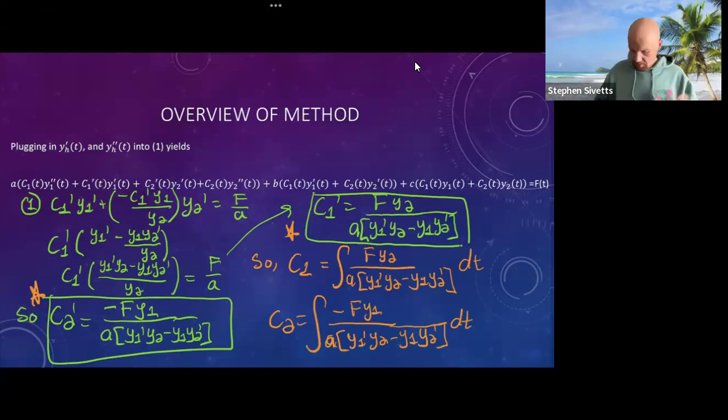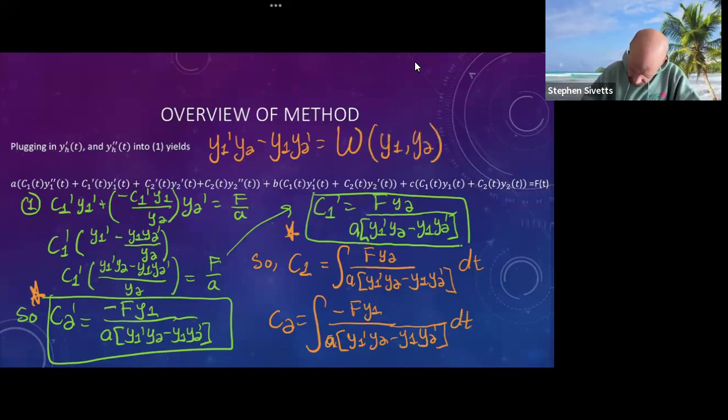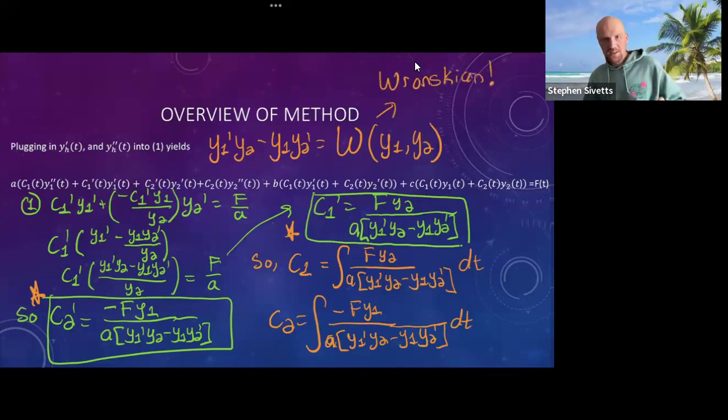Pretty straightforward, right? And notice Y1 prime Y2 minus Y1 Y2 prime. This was the Wronskian. This is how you compute the Wronskian of two solutions Y1, Y2.